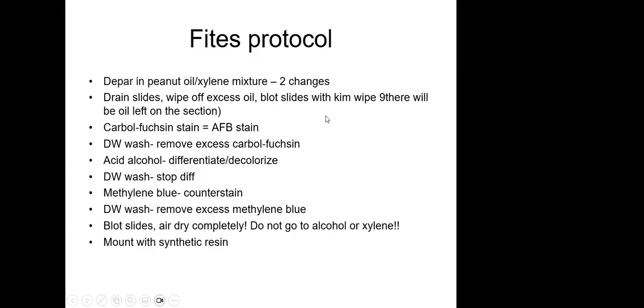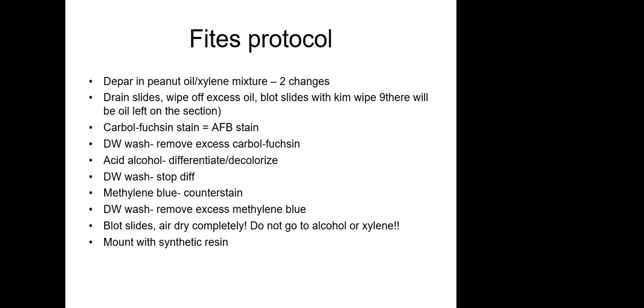So again, how I do it is I just pull them out. I lean them up against the side of the hood. I let it drain off, and sort of dry. And you're going to have leftover oil coating your section.